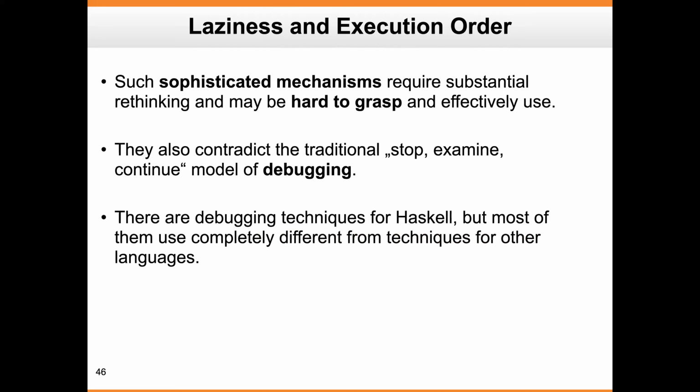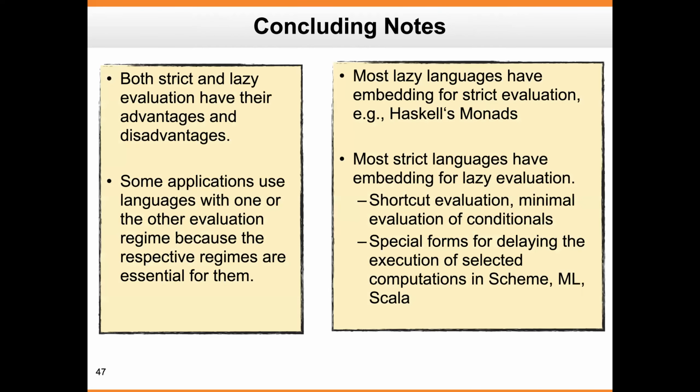They also contradict the traditional stop, examine, continue model of debugging. Of course, Haskell has debugging techniques, but they need a shift in the way we think about debugging. And that's the reason why lazy evaluation is not more widely used in mainstream programming languages.